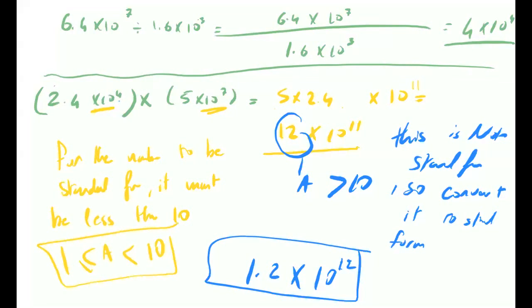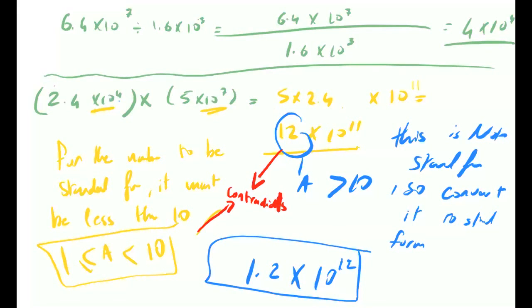So 12 contradicts that. So it should be 1 digit. Yeah, exactly, Kunuz. It should be 1 digit, right? So we will just convert 12 to standard form. So we will divide the 12 by 10 and add it to the 11.